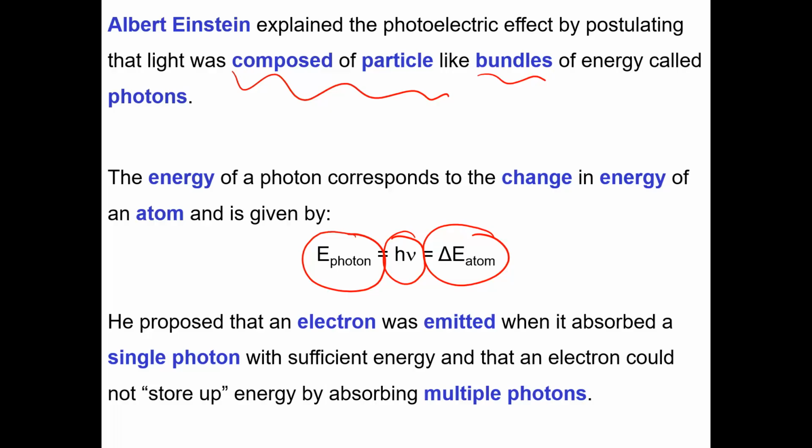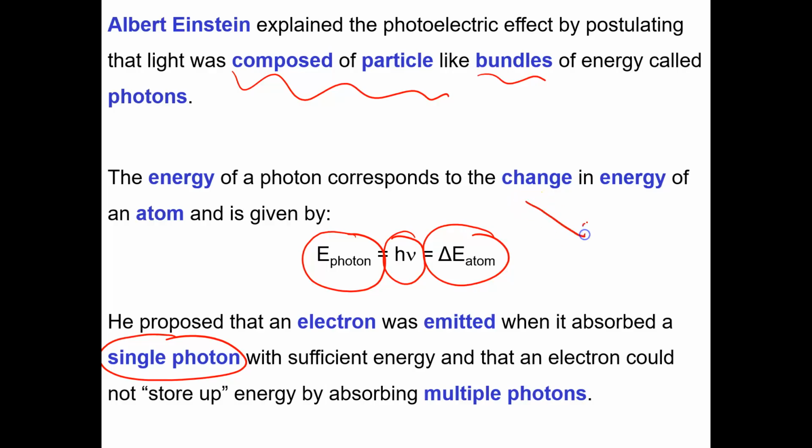So in the photoelectric effect, where electrons are being emitted, what Einstein is proposing is occurring is that an atom is absorbing a single photon that has enough energy that allows an electron to leave the atom. He said that it's not possible for an electron to store up energy by absorbing multiple photons.